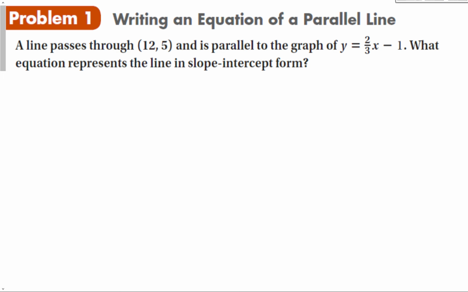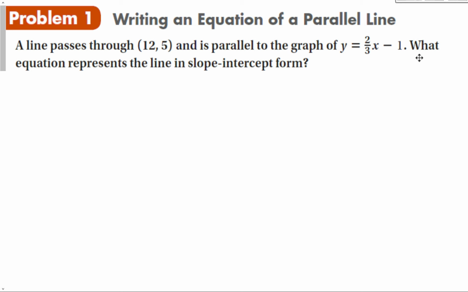So, if I have a point and another line, I can write the equation of a parallel line. So a line passes through (12, 5) and is parallel to the graph of y = 2/3 x - 1. What equation represents the line in slope-intercept form?